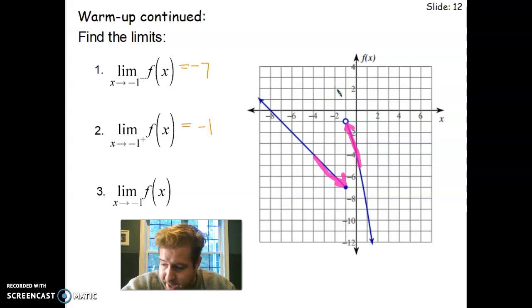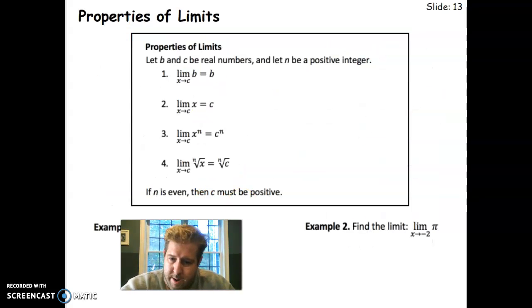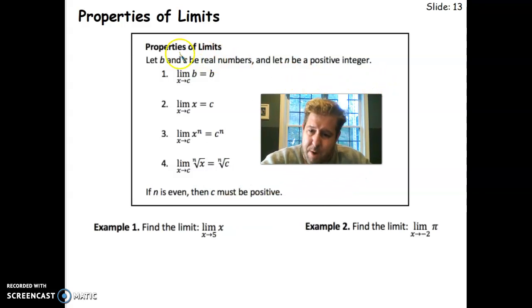It's what it's approaching. It's not necessarily what the answer is at that point. So when it says, what is the limit at negative 1, that does not exist because these are two different answers. All right, so now these are some of the properties of limits.